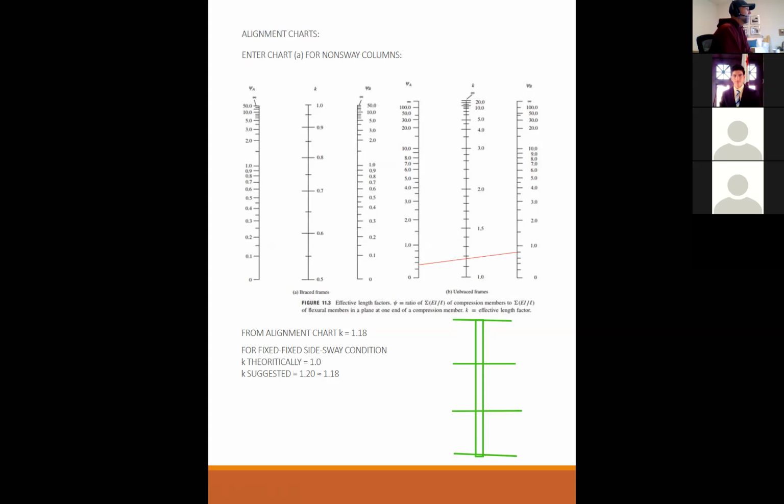But when we design columns, we don't look at it like a 3-story column, really. And I'm drawing in beams here. Now let me use my little lighting tool here.